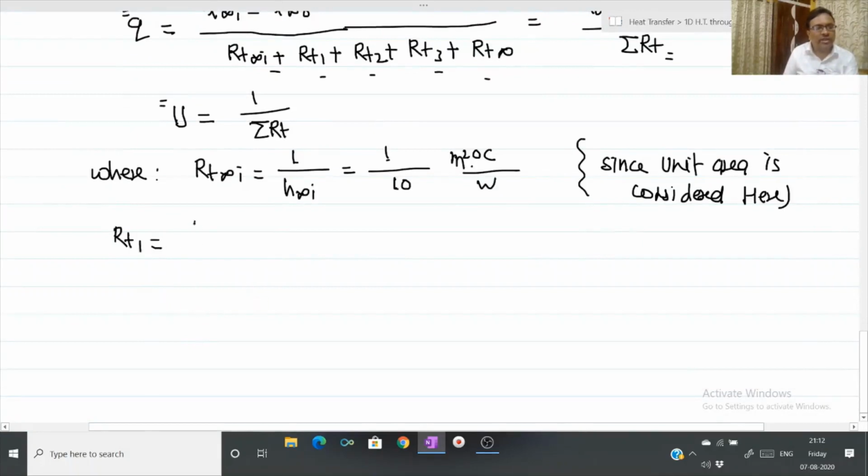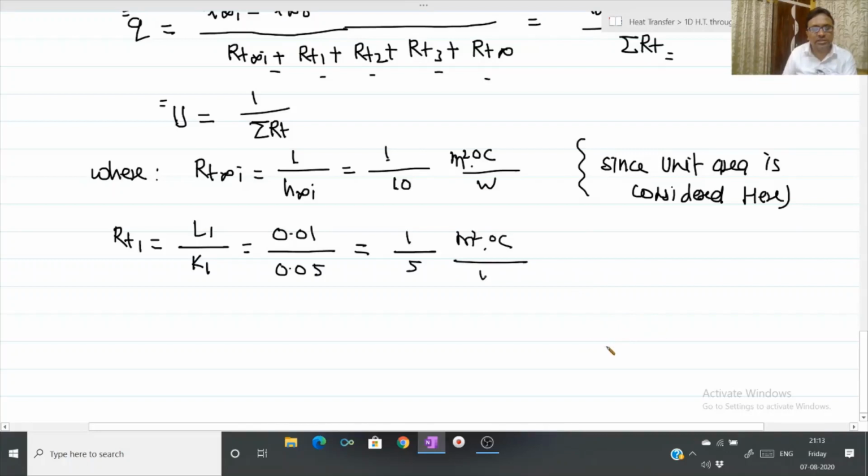RT1 will be L1 over K1 because we have considered unit area. L1 is 0.01 and the value of K1 is 0.05. So this will give me 1 over 5 meter square degree Celsius per watt.